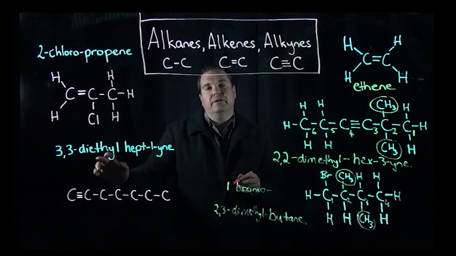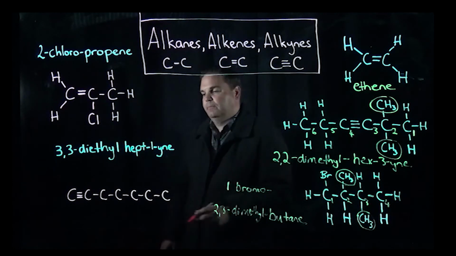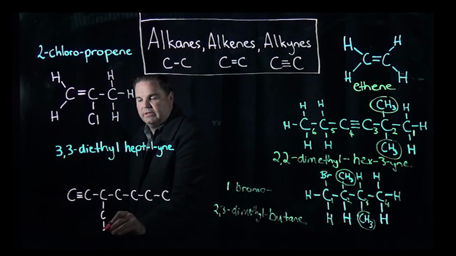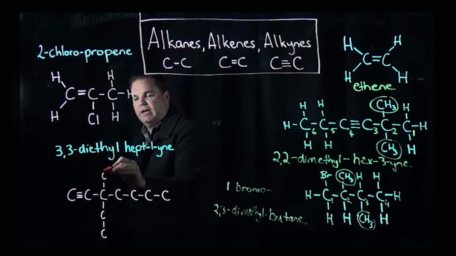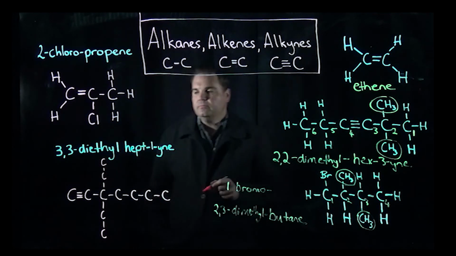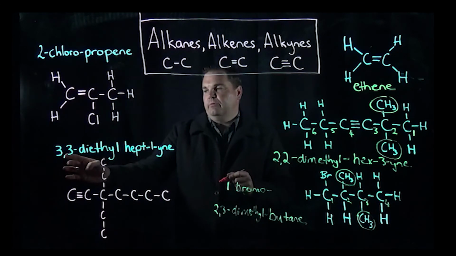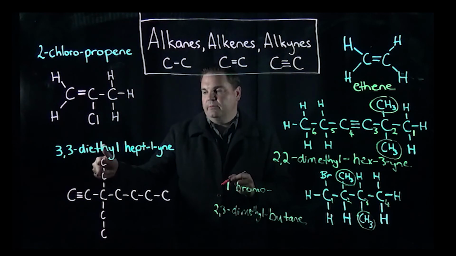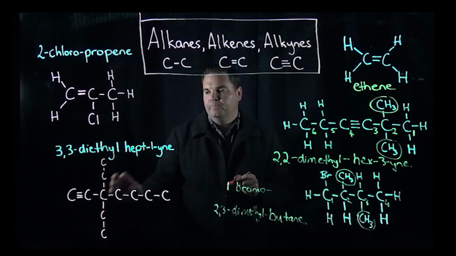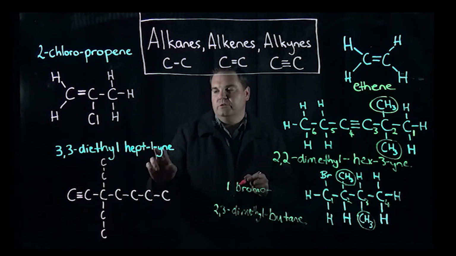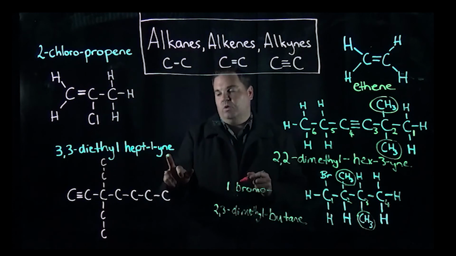So ethyl means we're going to have 2 carbons in the side chain. So on the 3rd carbon here, we're going to have a carbon and a carbon. And on this one, we're going to have a carbon and a carbon. So that is the skeleton structure for 3,3-diethyl. So 2 carbons there, 2 carbons there. We've got 2 of the ethyl groups, on the 3rd carbon, both of them. Hept makes it 7 carbon atoms long. 1 shows us where the triple bond is because it's a YNE.